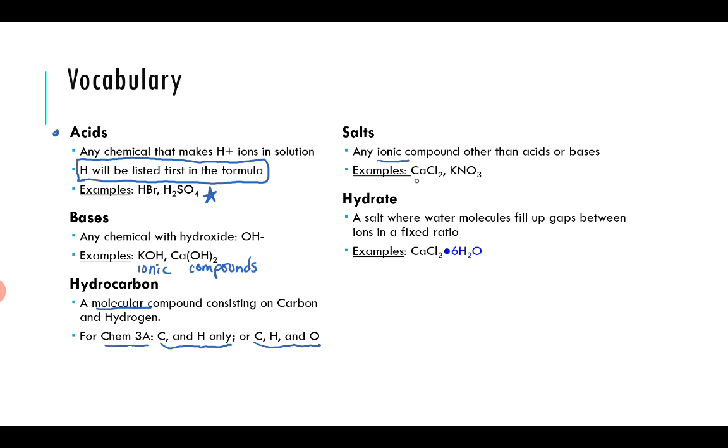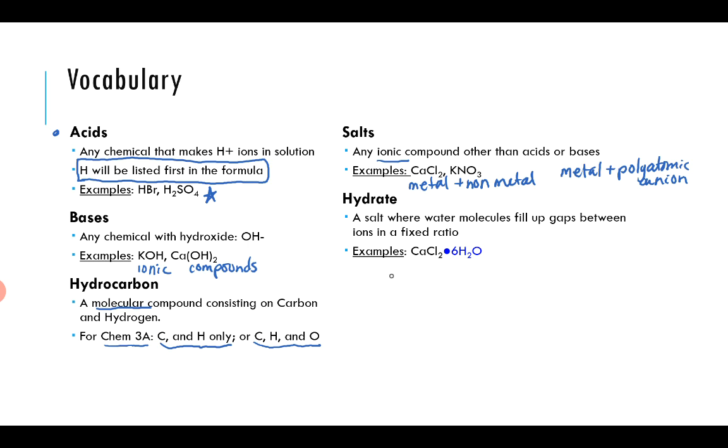And so we're looking for a metal with a nonmetal, or a metal with a polyatomic anion. In the examples here, we have calcium chloride and potassium nitrate.